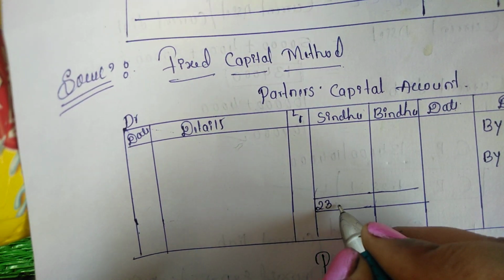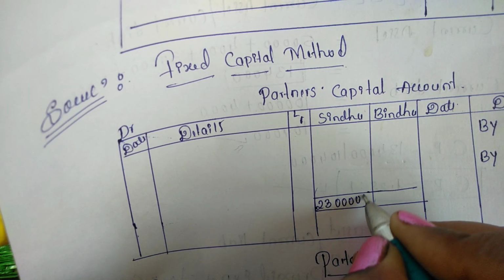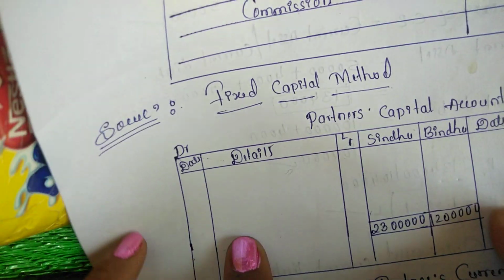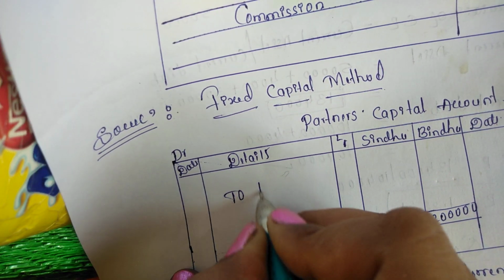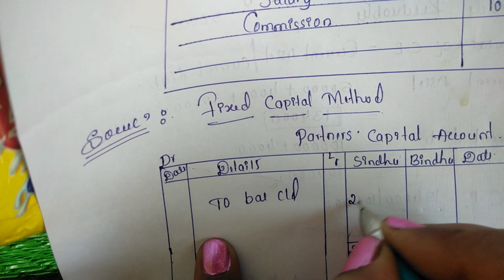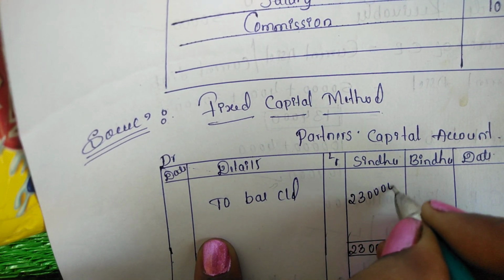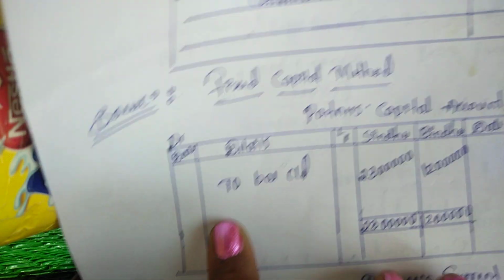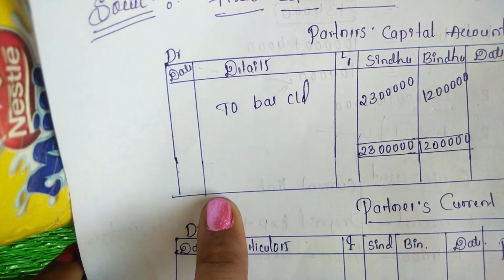The same amount should be entered on the other side. This is called to balance carried down, 23 lakh and 12 lakh. Fifty percent of the problem is completed.